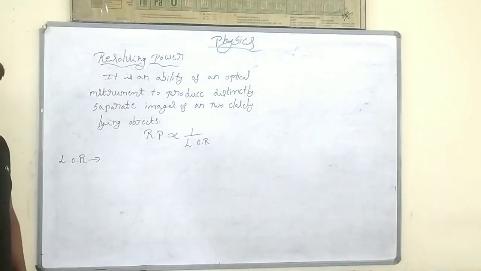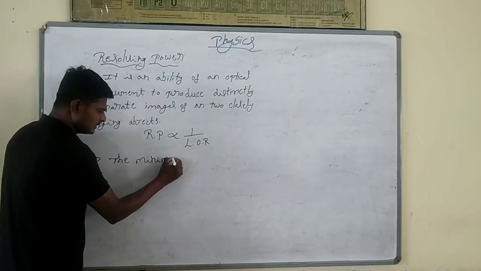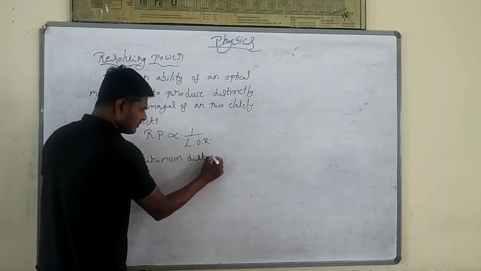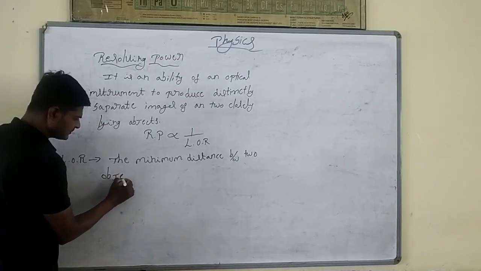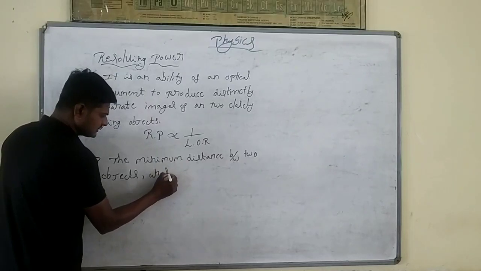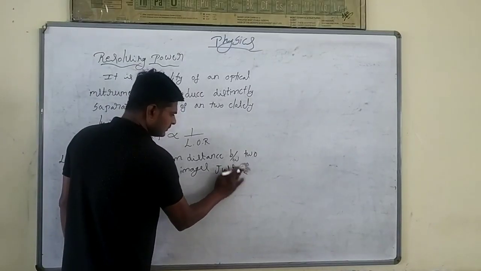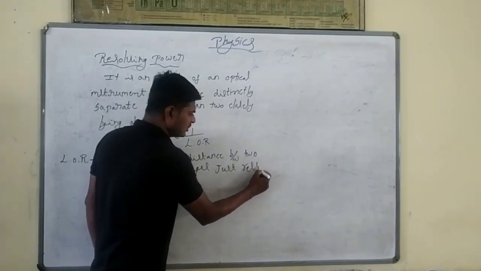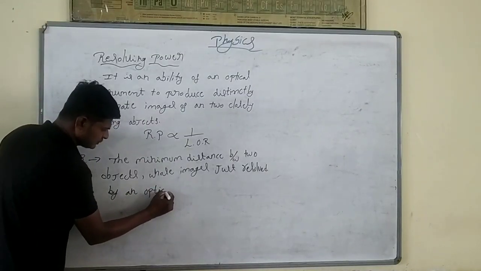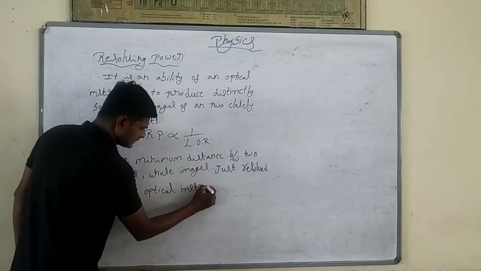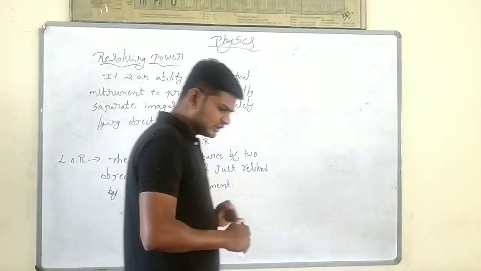Limit of resolution means the minimum distance between two objects whose images are just resolved by an optical instrument. That is called limit of resolution.